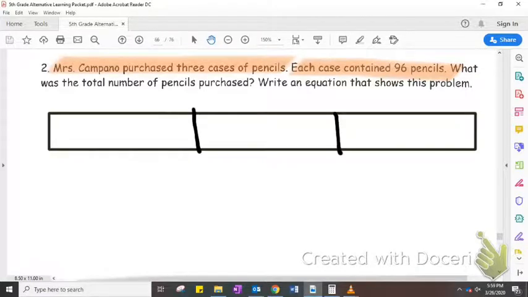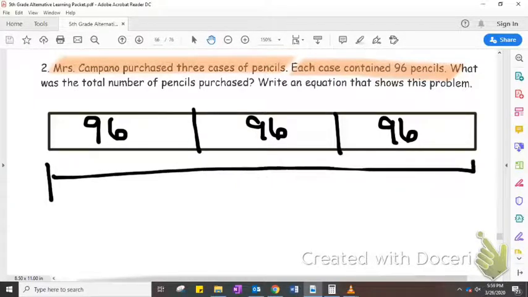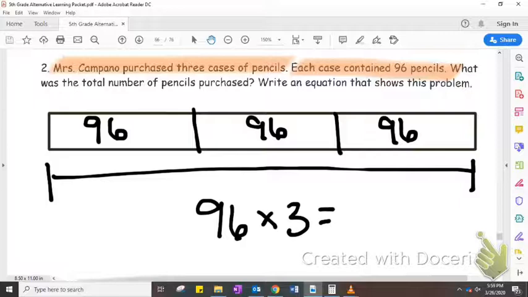Each case is the same amount. Says, what was the total number of pencils purchased? Write an equation that shows this problem. Okay, so the total would be 96 times 3. 96 times 3 equals P, total number of pencils.